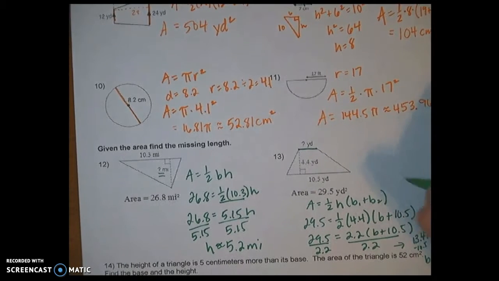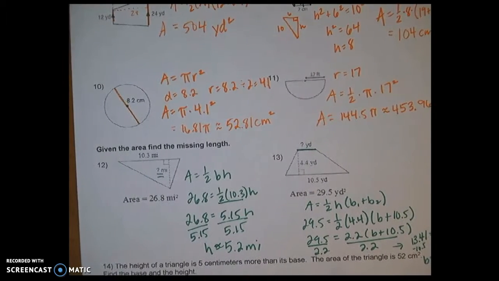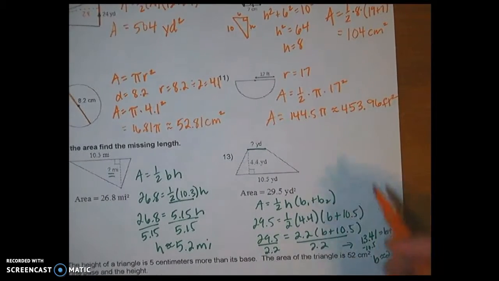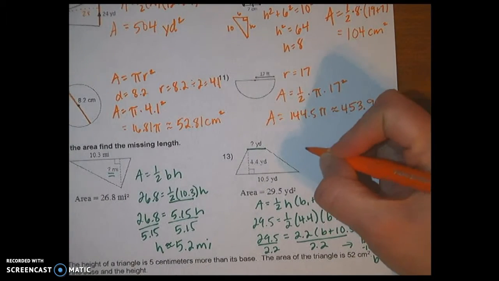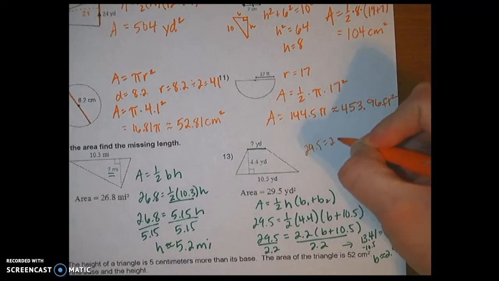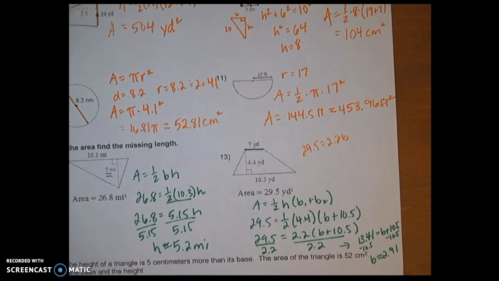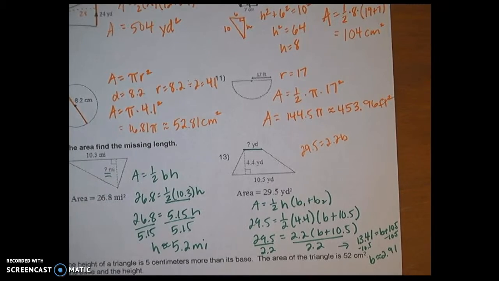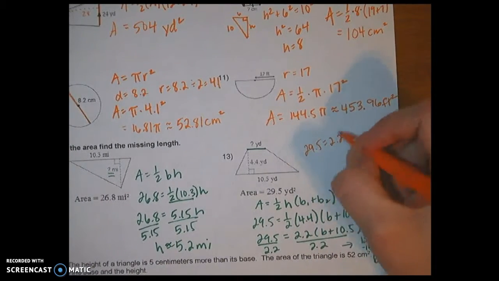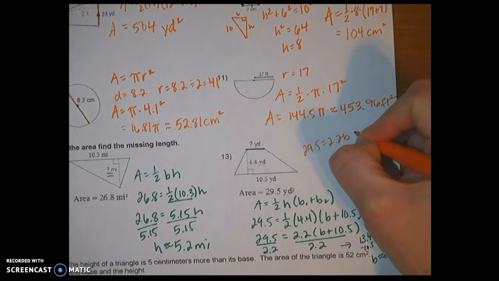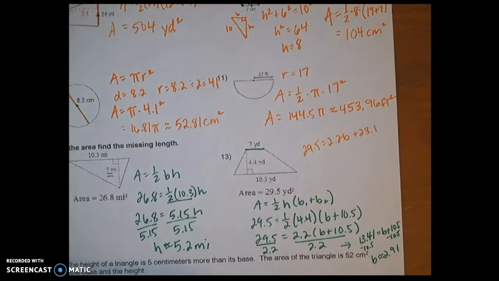Again, you could have distributed. I know most of you know what that looks like. You could have distributed and had 29.5 equals 2.2b plus, when I multiply that 10.5 times that 2.2, so again, this is if you distributed, you would have gotten plus 23.1.